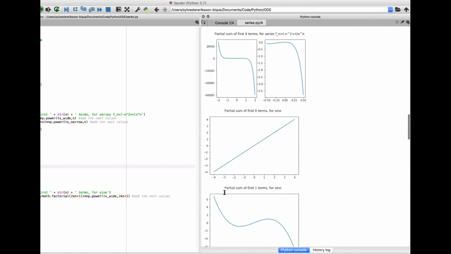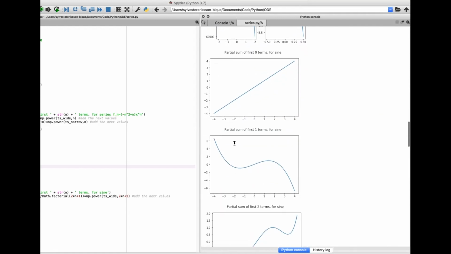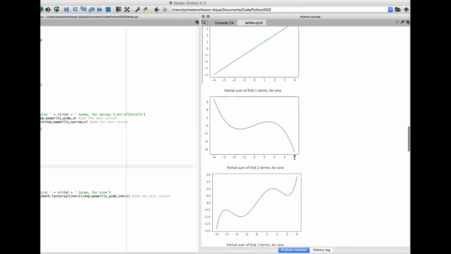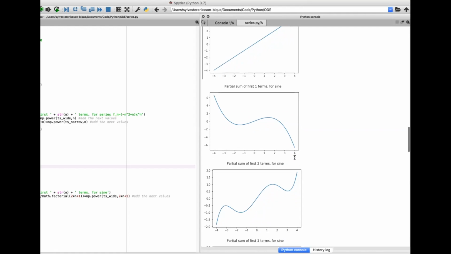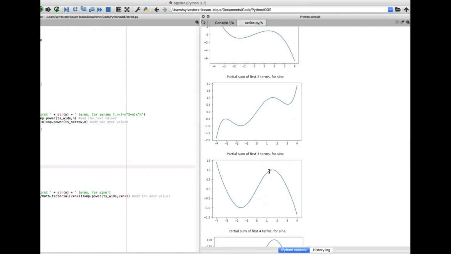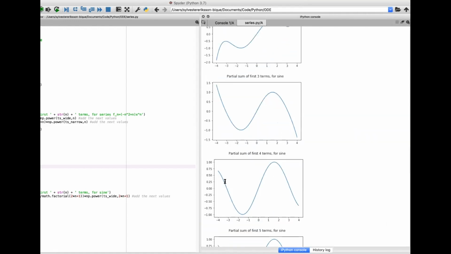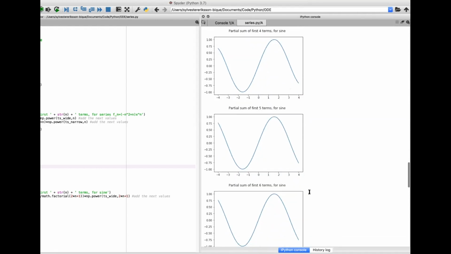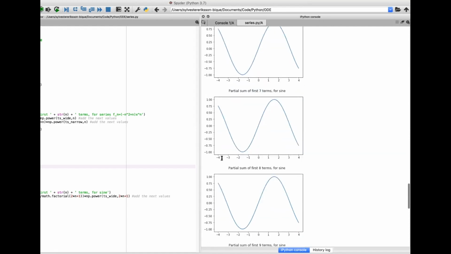Now, something that makes this a little bit more clear is a familiar picture that you probably have seen before: the Taylor series for sine. If you take the leading order term, you only have the linear term. Then you have the cubic term because you only take odd terms. Then the fifth degree term. And adding every term makes this function look a little bit more similar to the sine. I'm only plotting here between -4 and 4. But after about 5 terms, we see that we have converged quite quickly.